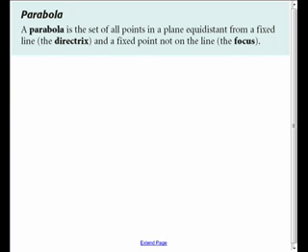They call it a locus definition. But it's a definition that tells us a little bit more about how a parabola is formed and what things help form it. So they say a parabola is a set of all points in a plane equidistant from a fixed point and a fixed line, a directrix.